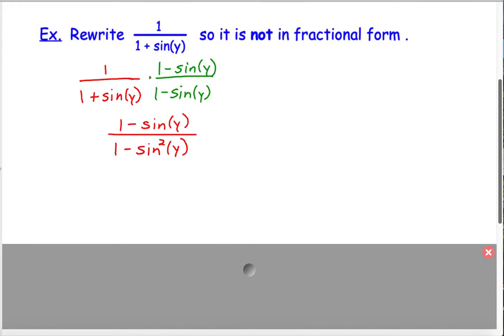Now if you don't see that, then go ahead and multiply this times this, multiply the first and the last and the inner and the outer, and you'll see that the middle terms are going to cancel. So let me get rid of those. There, and there. And you'll wind up with 1 minus sine squared in the denominator. Now, what's 1 minus sine squared?